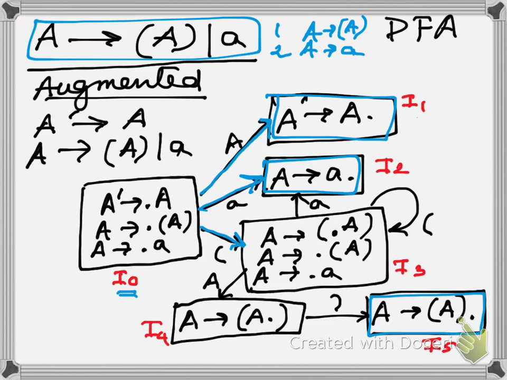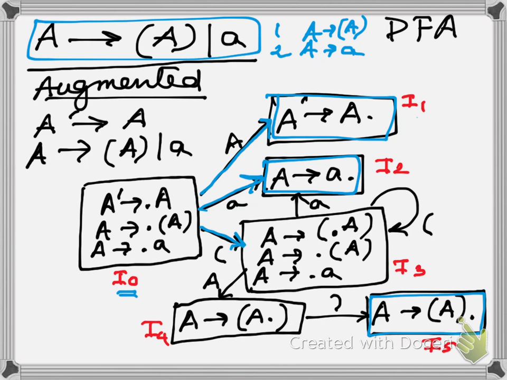So next state is 1. Now I1, you see, this is a final state. And it is not just any final state. It is the final state for the augmented start symbol, A dash. What it means is that you have finished scanning and you have reached the start symbol of the original grammar. And that is when you have to either accept or decline.